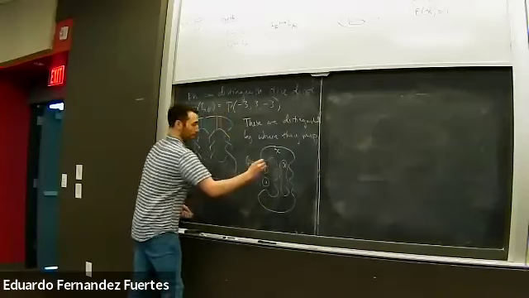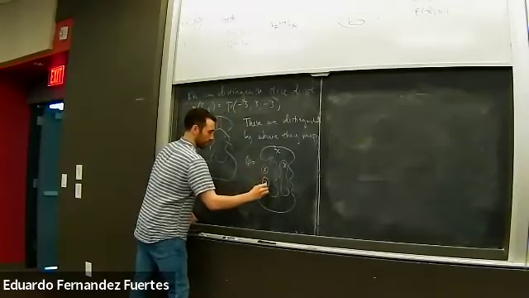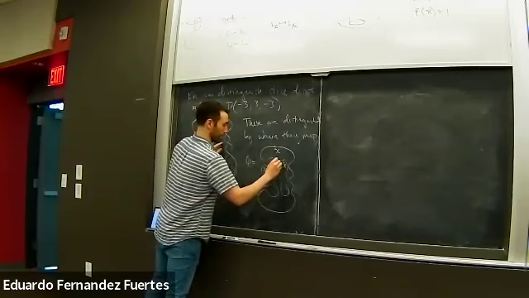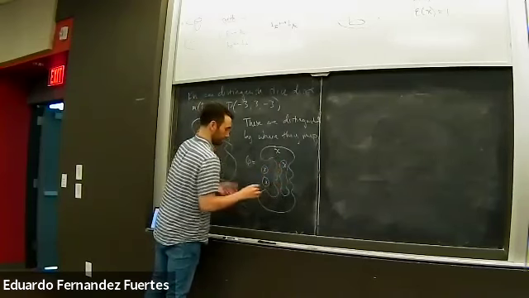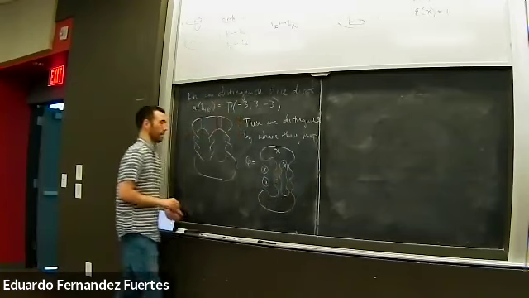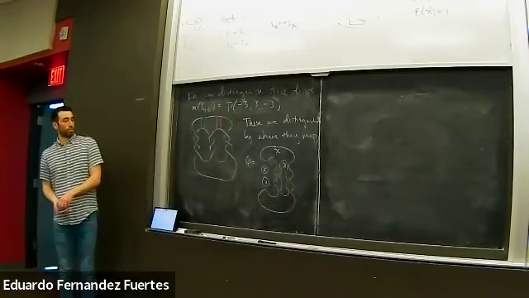So if we're looking, this is a 0 resolution, 0 resolution, 0 resolution, and then 0 resolution, 0 resolution, 0 resolution, 1 resolution, 1 resolution, 1 resolution. So one of these disks, the cobordism map will kill it.